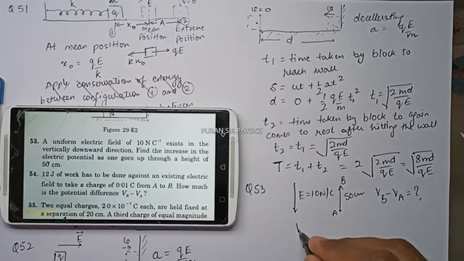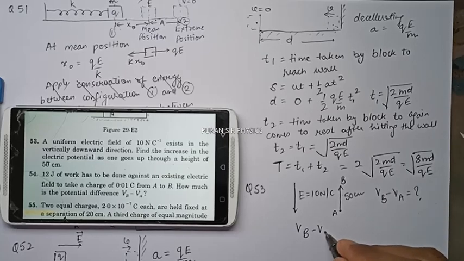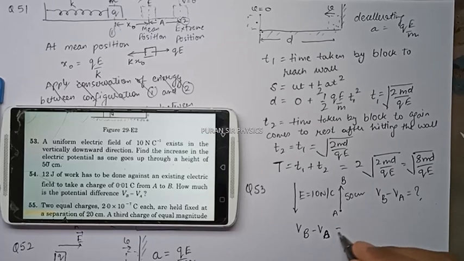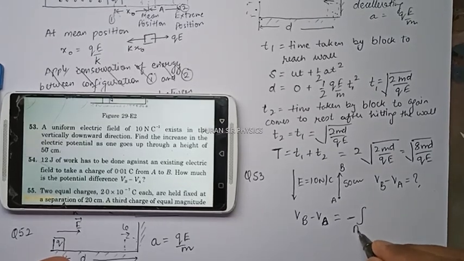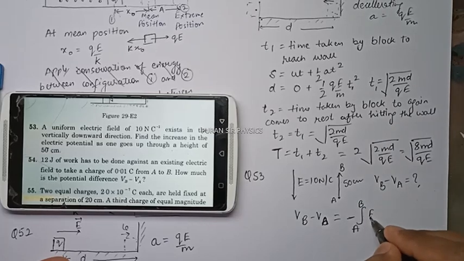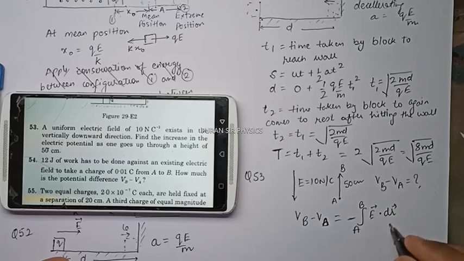Okay, so we have to find VB minus VA. Let me show the formula actually. It will be the integral from A to B of E dot dr, where dr is the displacement in the direction of motion.